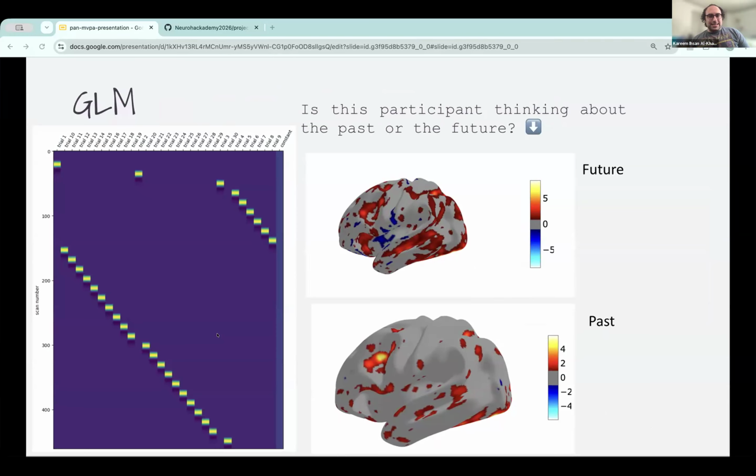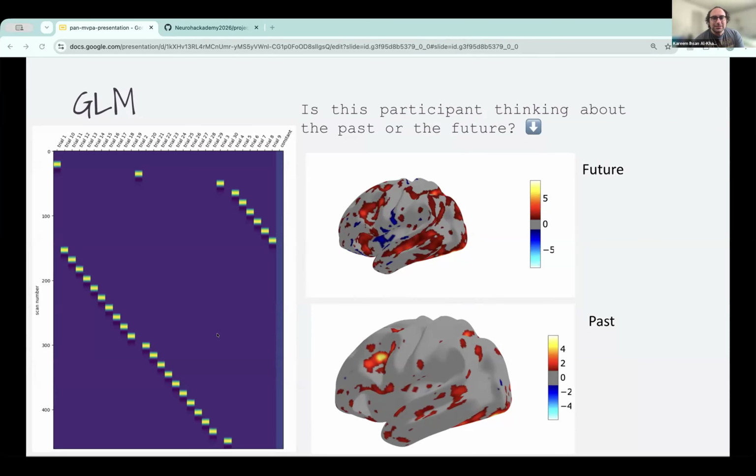After we get the beta weights for each trial, we transform those to surface space. Basically, what we're feeding the model is a beta map, and seeing, is this person thinking about the future or thinking about the past? So there's a past self or future self.